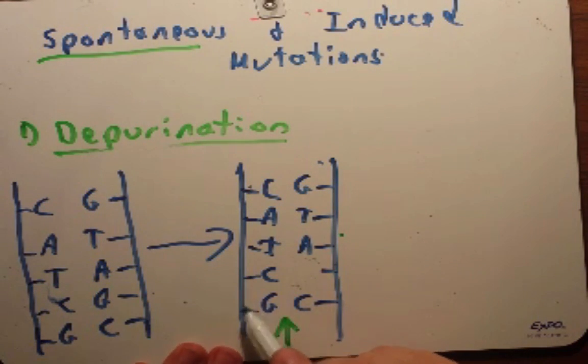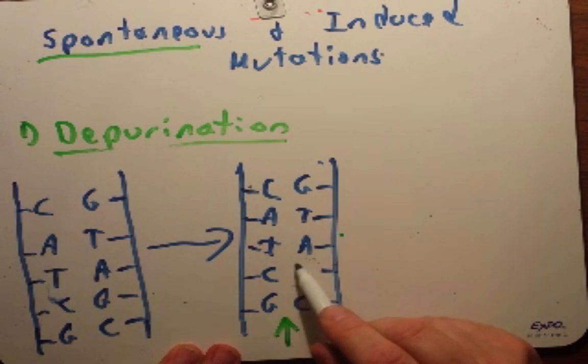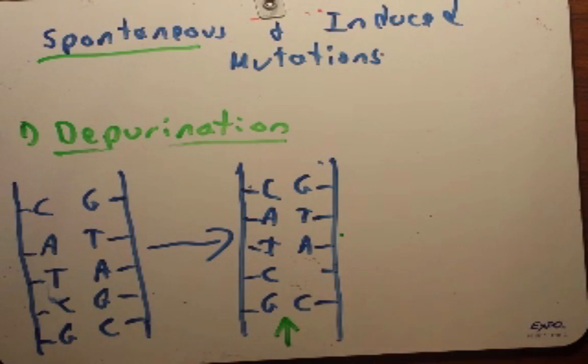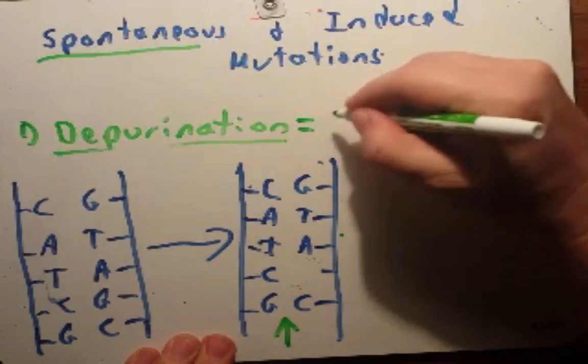When this is used as a template, no problems at all. When this half is used as a template, either we'll skip this one, and now the new DNA will have one less base, or a random nucleotide will be put in there. In either case, this is going to create a mutant allele here. And this is all because we lost this purine and weren't able to fix it.